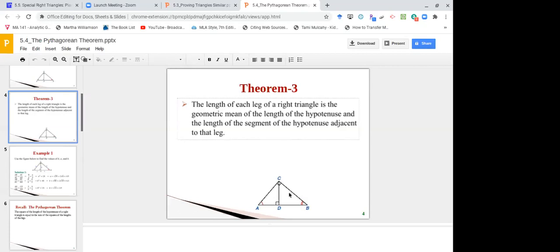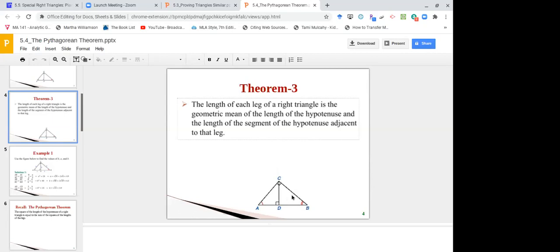So if I want the leg BC, for example, it's the geometric mean of the hypotenuse, which is AB, and the length of the segment of the hypotenuse adjacent to BC, which would be DB.